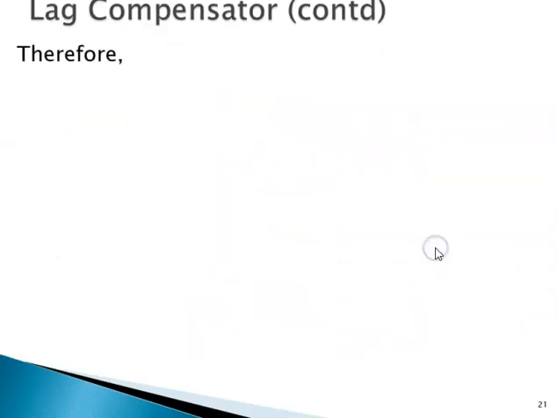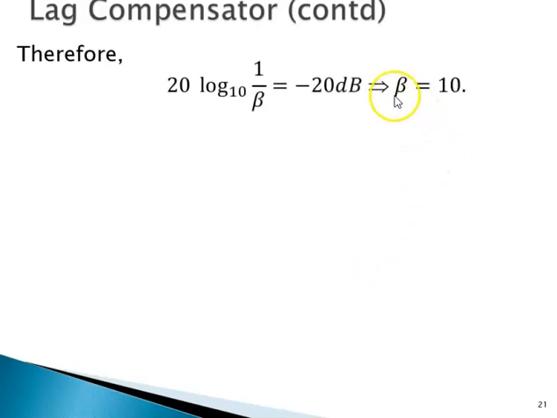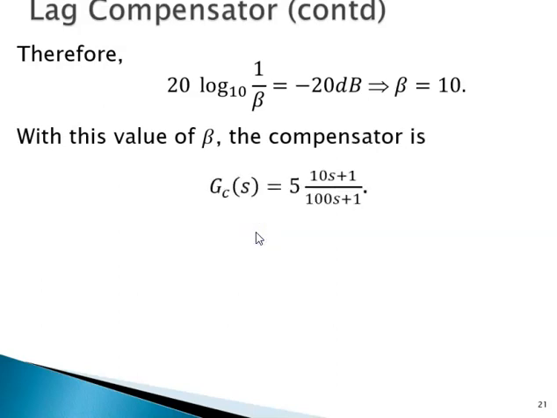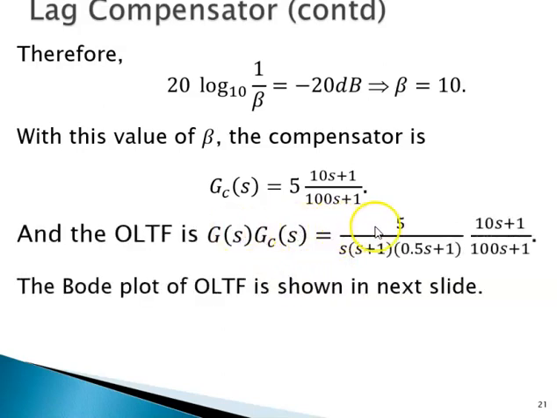In any case, we computed beta equal to 10, and with this value of beta, the compensator is given here, and the open loop transfer function is given here. Okay, plant multiplied by compensator. Note that we are keeping this 5 all through. Because we are keeping this 5, Kv is equal to 5. That fact is not changed at all.